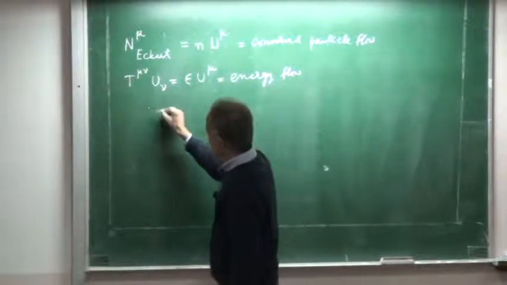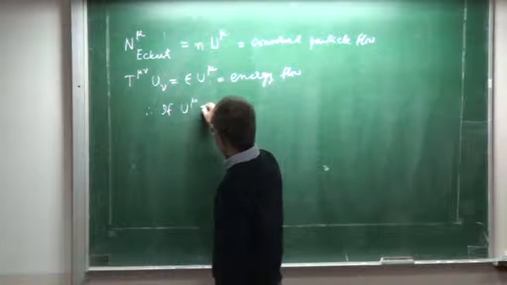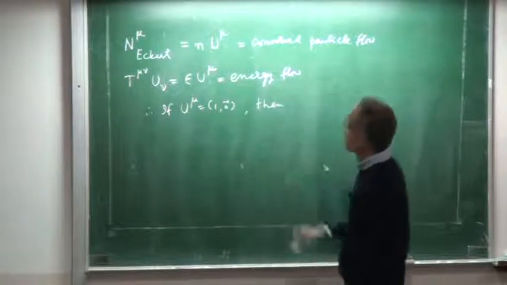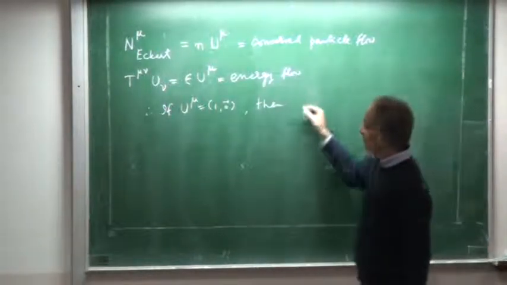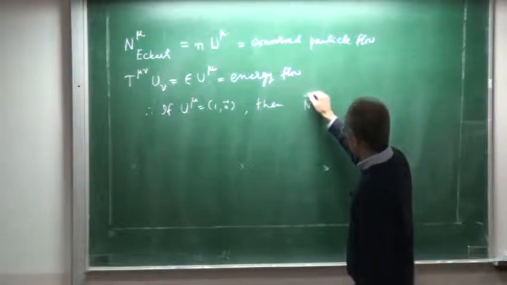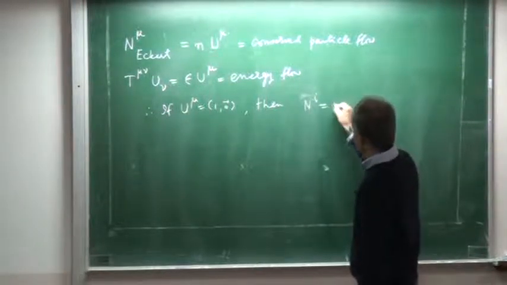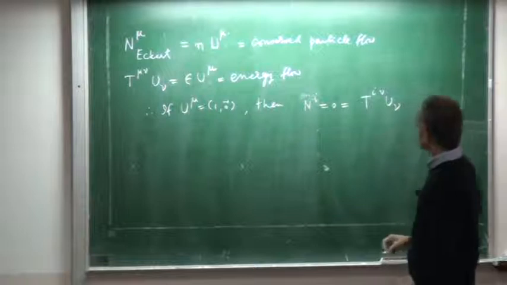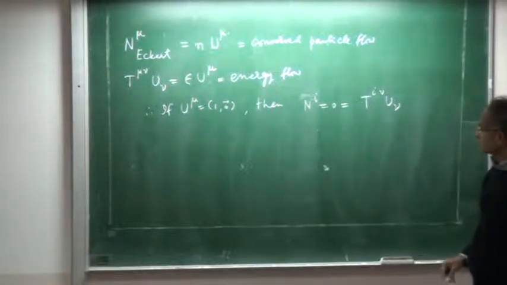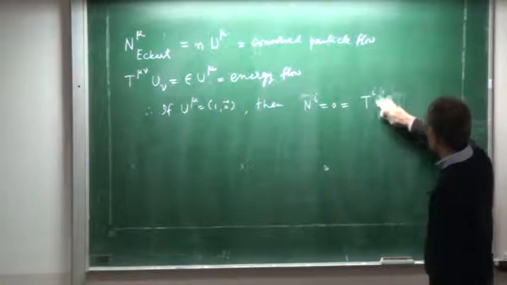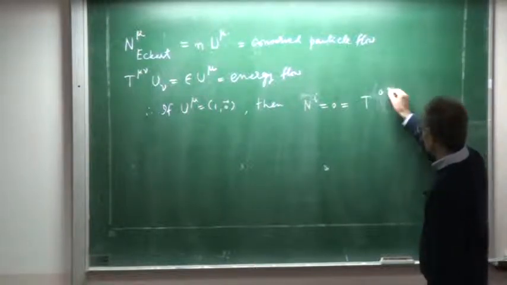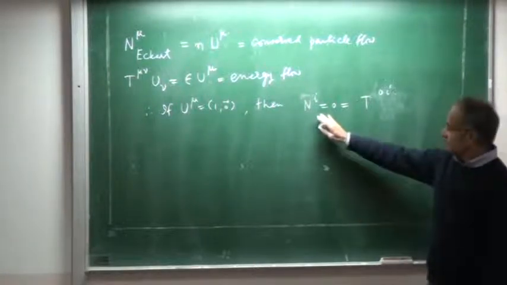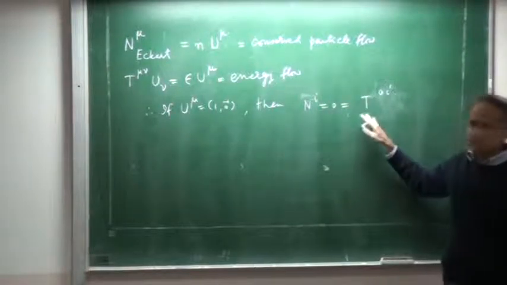So if u^μ is (1, 0), then both of these vanish: N^i is 0 and T^{0i} is 0, which means both of these have no space parts.